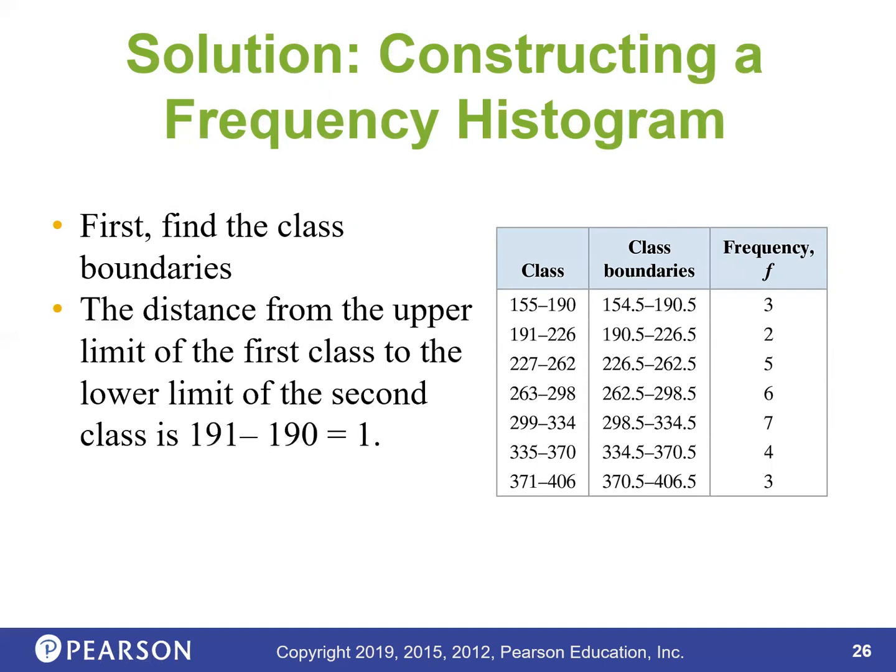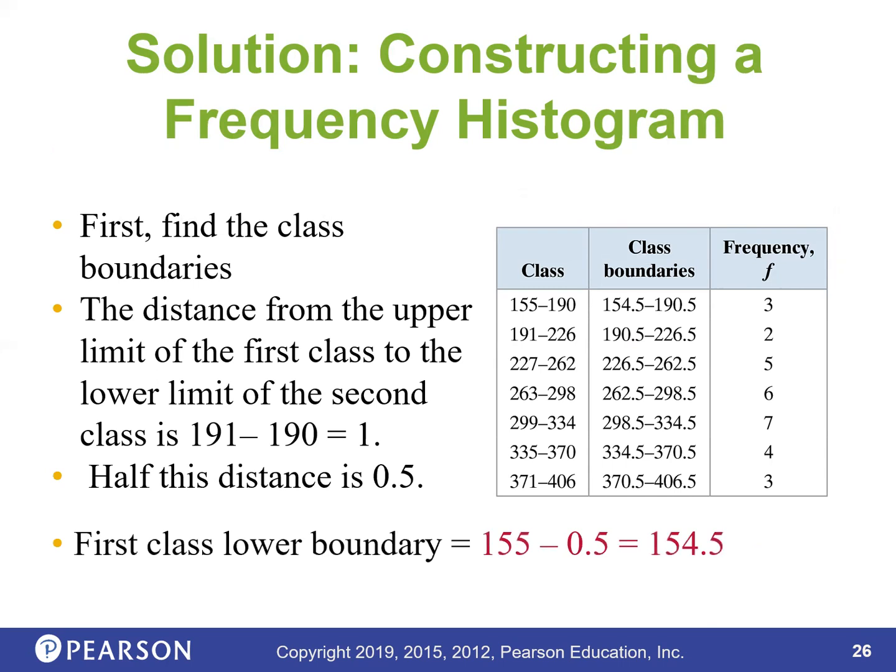So let's jam here. If you want to do it, you can just add 190, 191, and divide by 2. Okay, one little thing is, notice the lower limits. Notice we have the 155. So to stay consistent everywhere, the class boundary has to go down by that much as well.